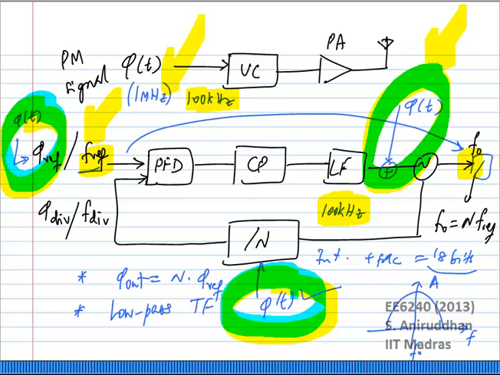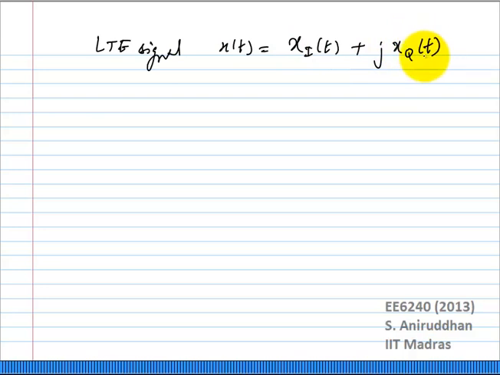So I have an LTE signal which is originally Xi of t plus Xq of t. I am going to rewrite this as A of t cos psi of t, let us say. Okay, I am going to split it as amplitude and phase.